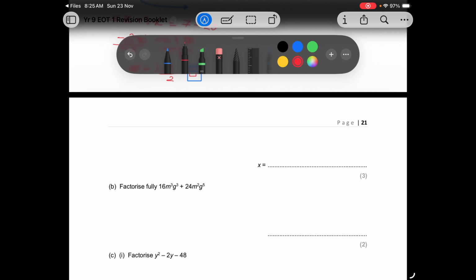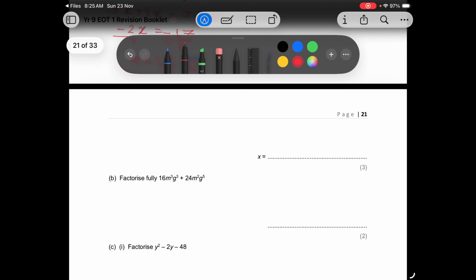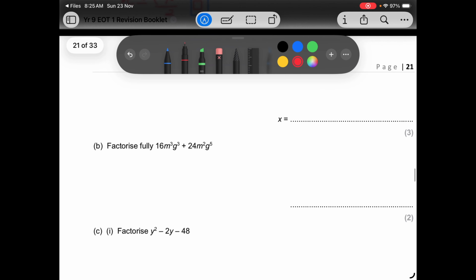Hello guys, let us continue here. So here in part B, factorize fully this guy. So what I have here is 16m to the power of 3g to the power of 3 plus 24m squared g to the power of 5.